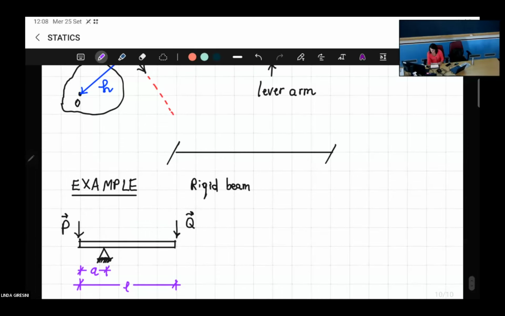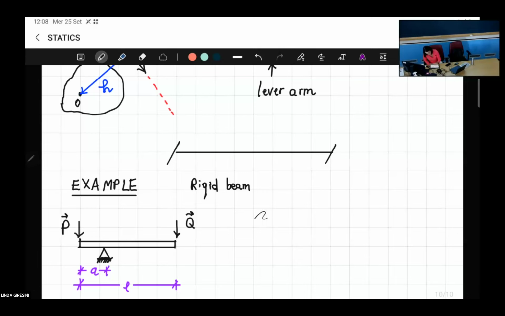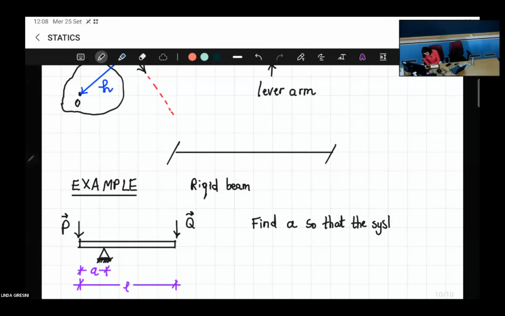We are asked to find A so that the system is in equilibrium.